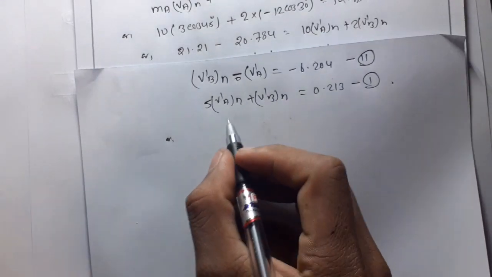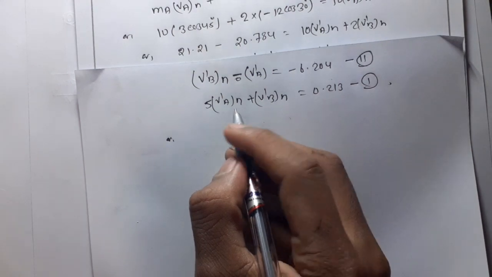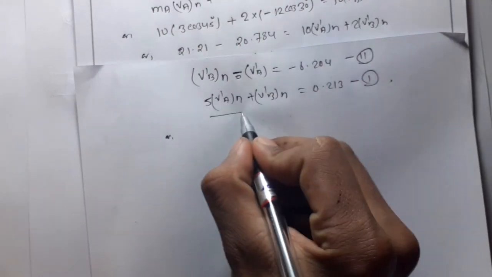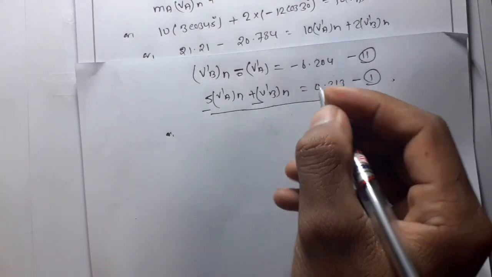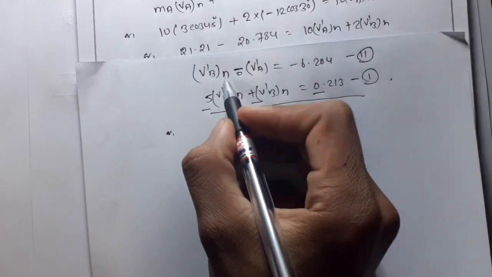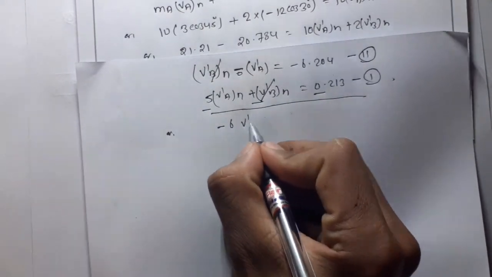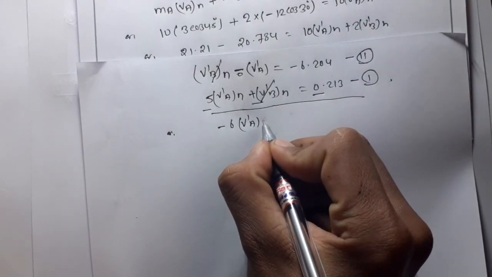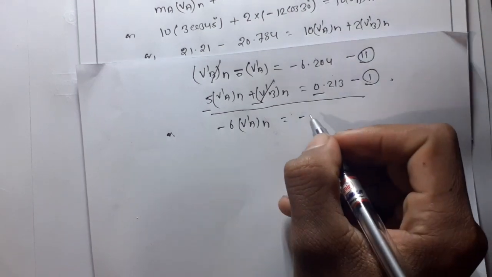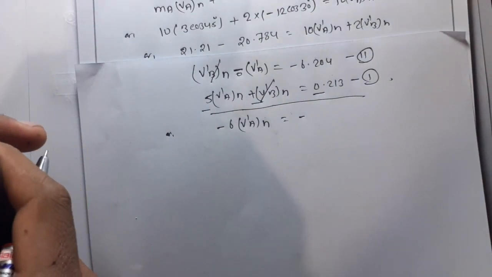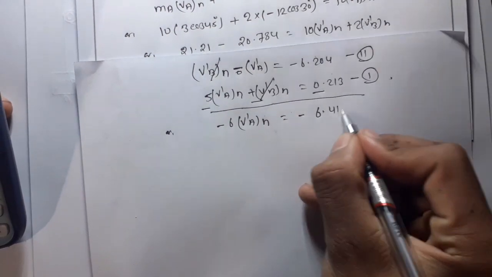Now subtracting equation 2 from equation 1, the v'Bn terms cancel out. So 6 v'An is equal to 6.204 plus 0.213, so this is 6.417.